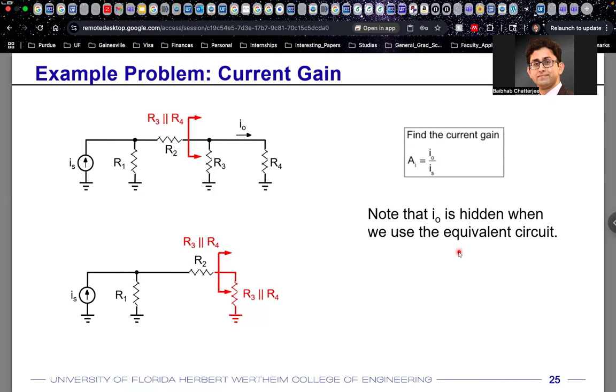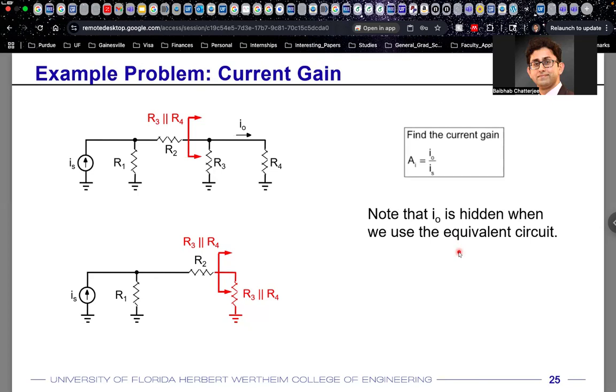Then you see you have R2, which is in series with this complex resistance term. So if you want to find out the resistance over here, that is going to be R2 in series with R3 in parallel with R4. Right? So you have R2 plus R3 in parallel with R4.